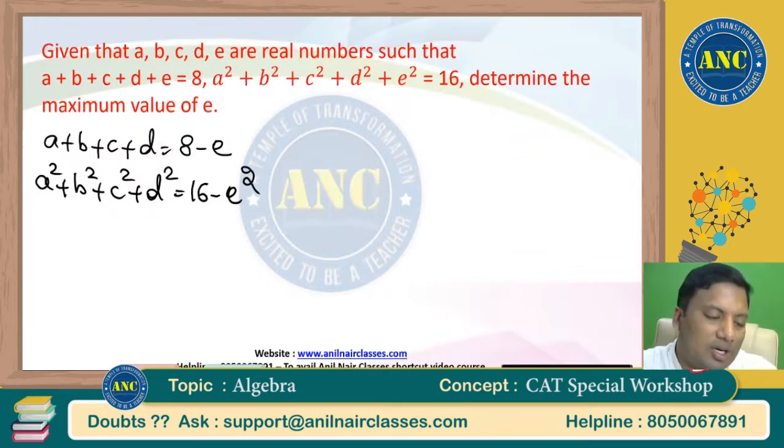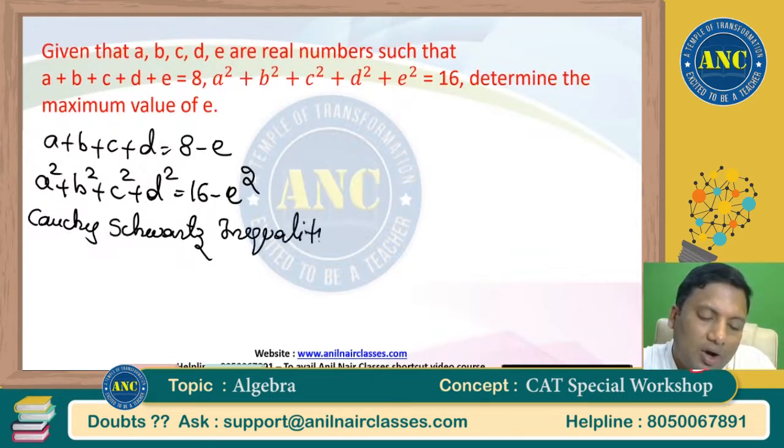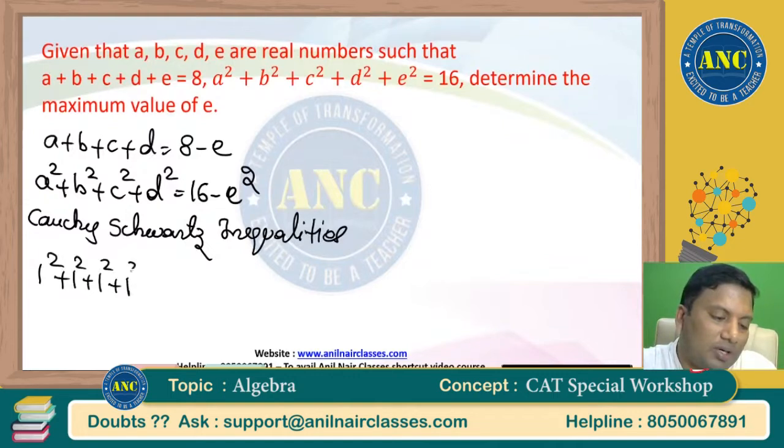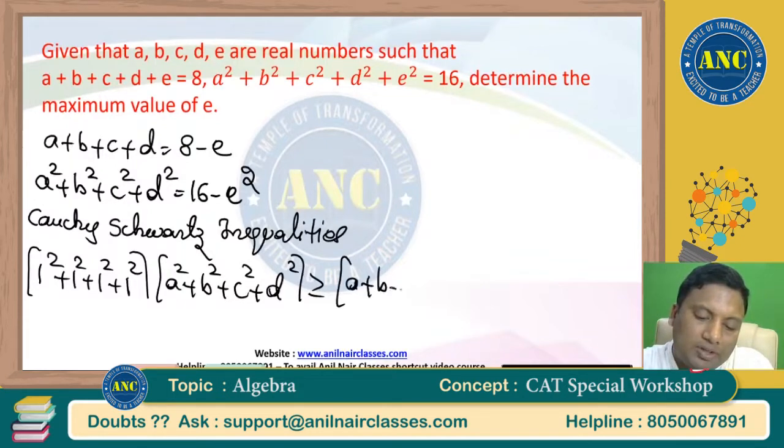Now what we'll do is, we will use Cauchy-Schwarz inequality so that we'll get the answer in less time. Let me use that Cauchy-Schwarz inequality. All the coefficients of a, b, c, d are 1. (1 square plus 1 square plus 1 square plus 1 square) into (a square plus b square plus c square plus d square) is greater than or equivalent to (a plus b plus c plus d) whole square.